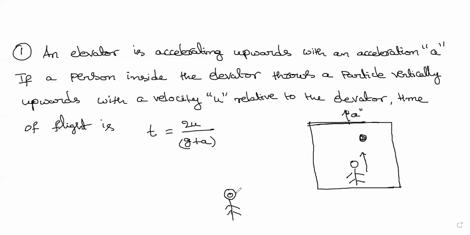So this situation, when I am seeing from outside, it is very difficult to see how the lift's force acts on this ball. So what we do is we will go inside the lift.